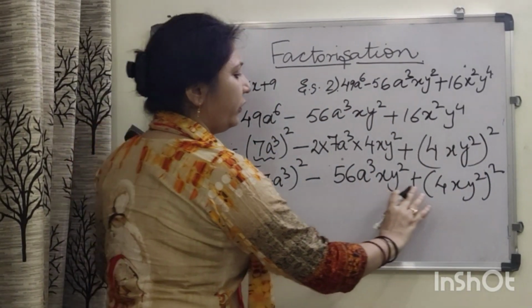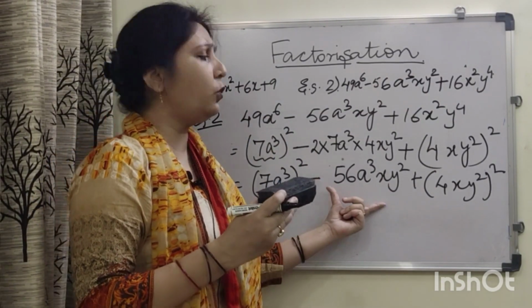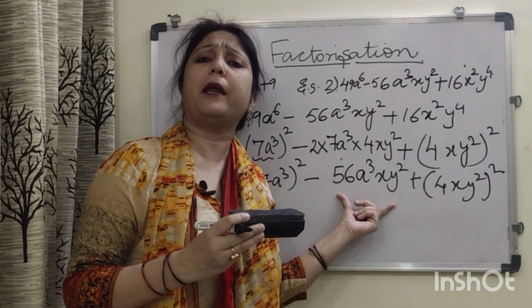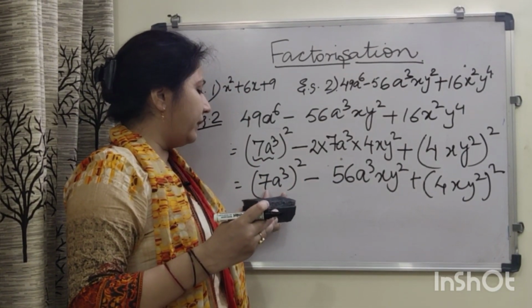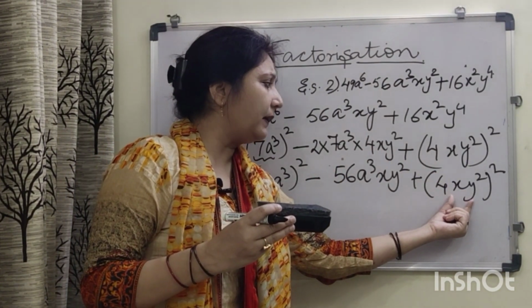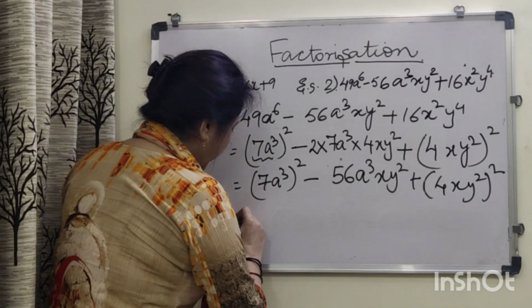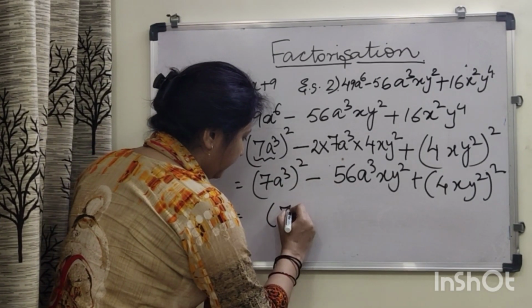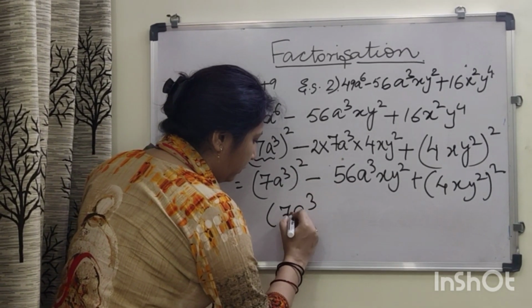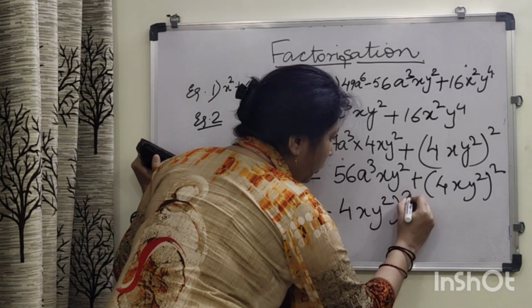Now you can see clearly every time I am trying to obtain the 2ab term on my own by taking the first term as a square one and the second one I am taking as b. So we have got here identity. As this 2ab term is negative, it will be 7a cube minus 4xy square whole square.